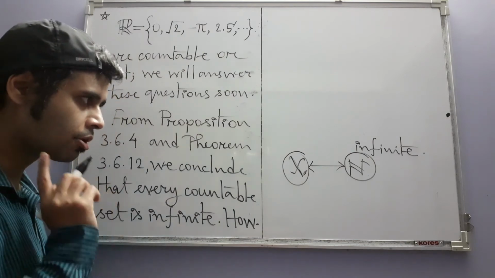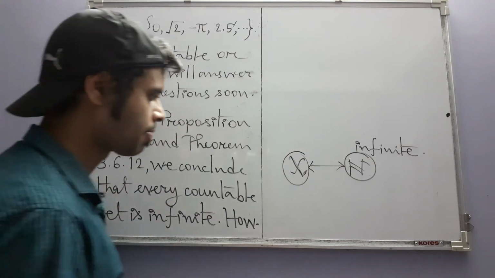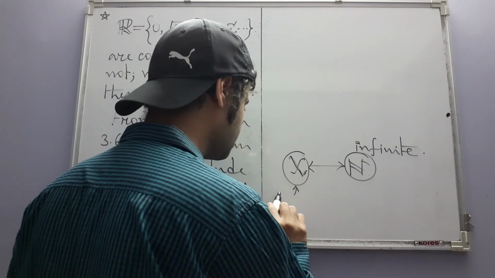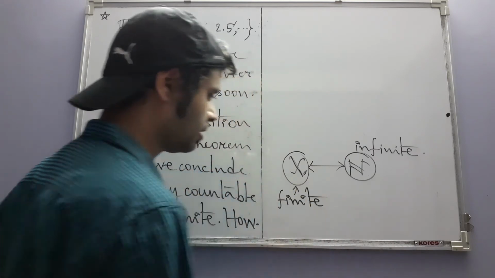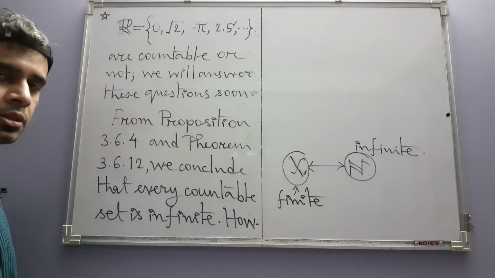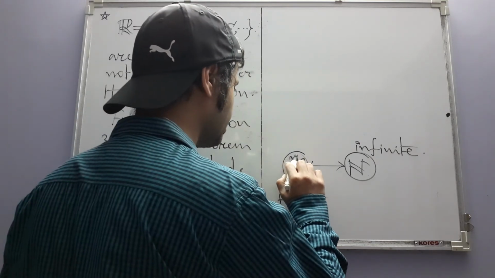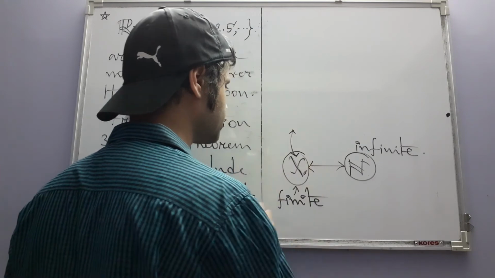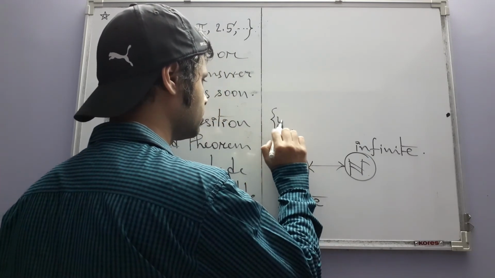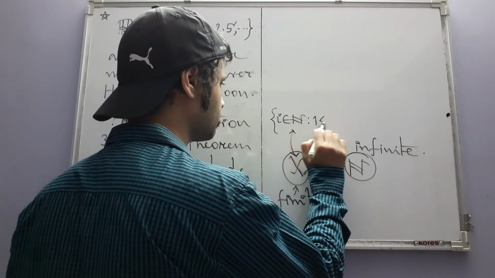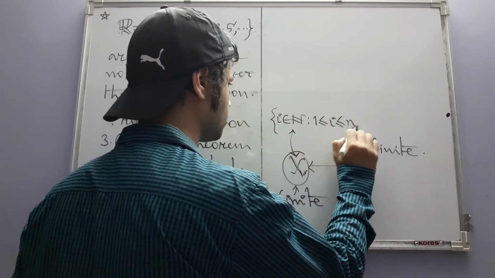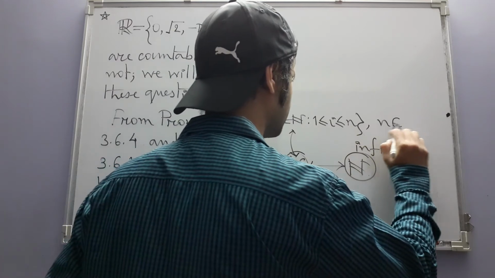Say X is not infinite, say X is finite, then by the definition of finite sets, X would then have a bijection with a set like this, for some natural number N.